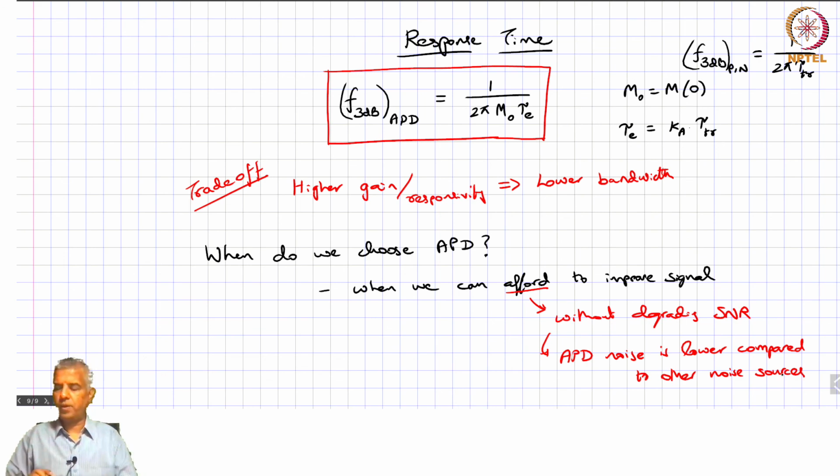If the noise due to the APD is lower compared to other noise sources, that is when you can afford to boost up the signal, and that is when you want to use an APD.